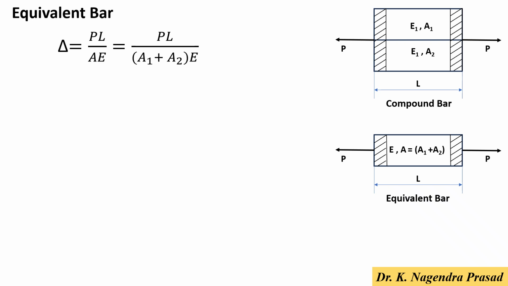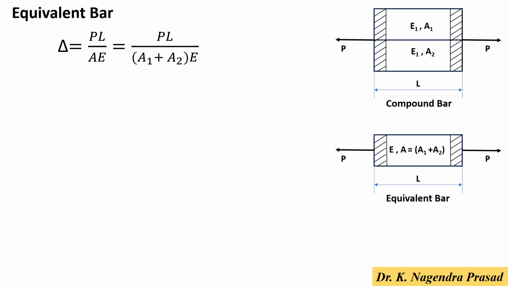We know deformation delta equals PL by AE. For the equivalent bar, P is the applied load, L is the equivalent bar length, the cross-sectional area of the equivalent bar is A equal to A1 plus A2, and E is the Young's modulus of the equivalent bar.